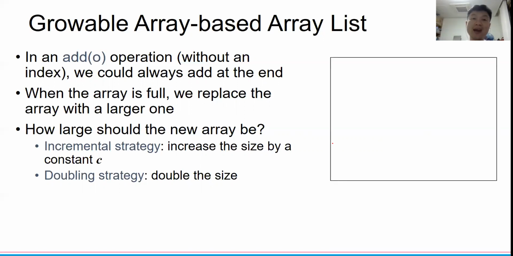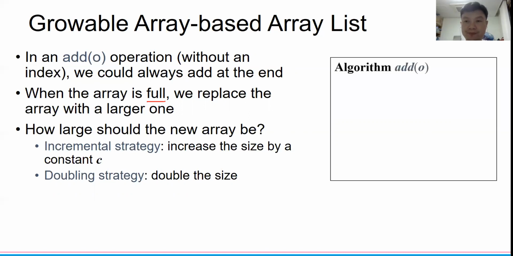So when adding an object at the end, you need to know the size, what is n. If you don't know n, then when the array is full you cannot do anything else. So if it is full, you need to replace the array with a larger one.